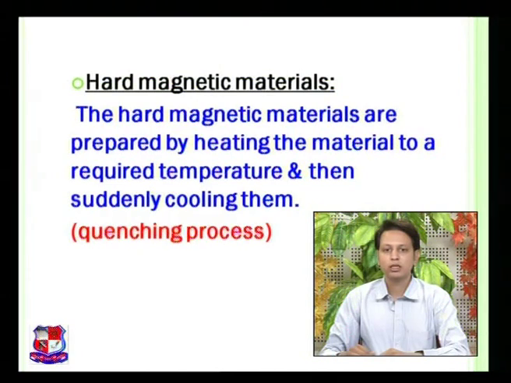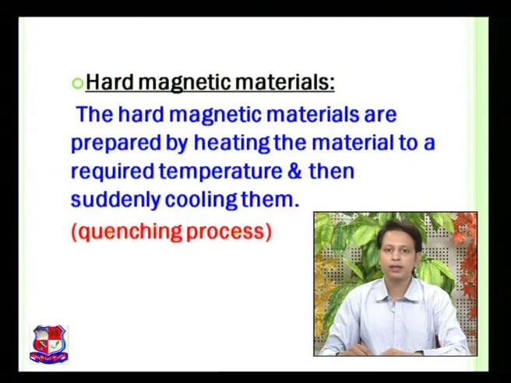Quenching represents the cooling system through which if a material is at a higher temperature, you cool it down to a very low temperature. That means if you take a material, heat it to a higher temperature, and suddenly drop it into water, what will happen, friends?